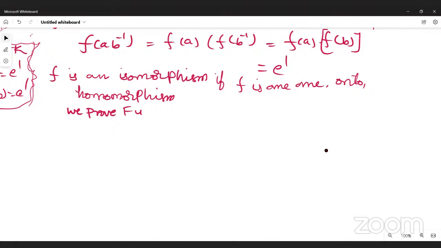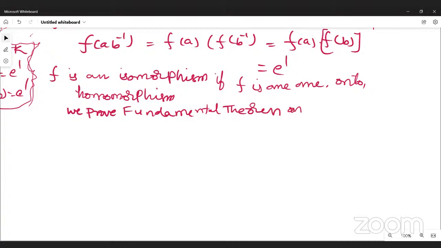Now we prove the fundamental theorem. Actually, we don't prove it, we just state the fundamental theorem on homomorphisms.